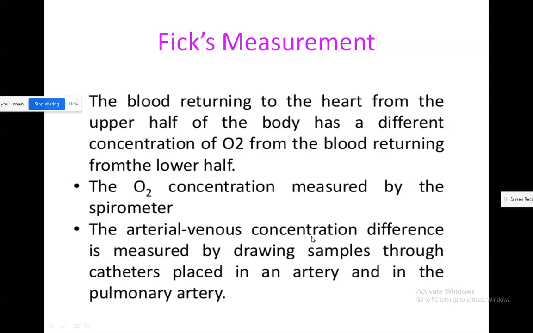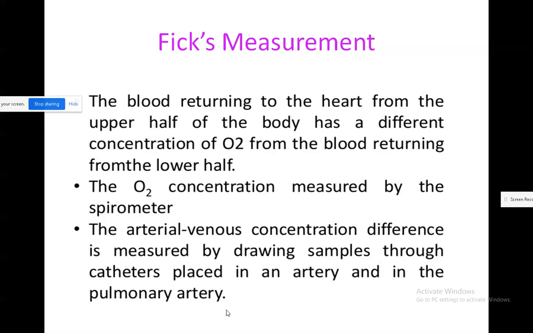The arterial venous concentration difference is measured by drawing samples through a catheter placed in an artery and in the pulmonary artery. This is nothing but the arterial venous concentration: while you are injecting the oxygen into the arteries region of the heart, the amount of oxygen concentration will be measured.